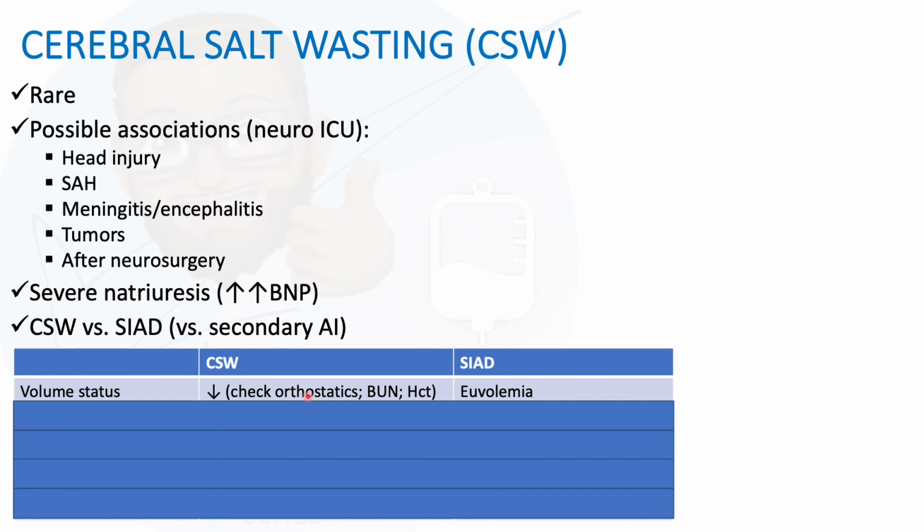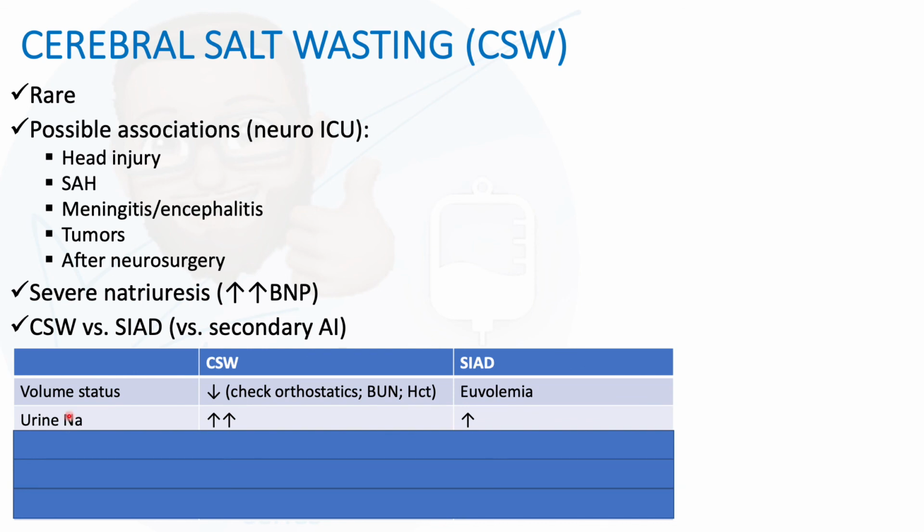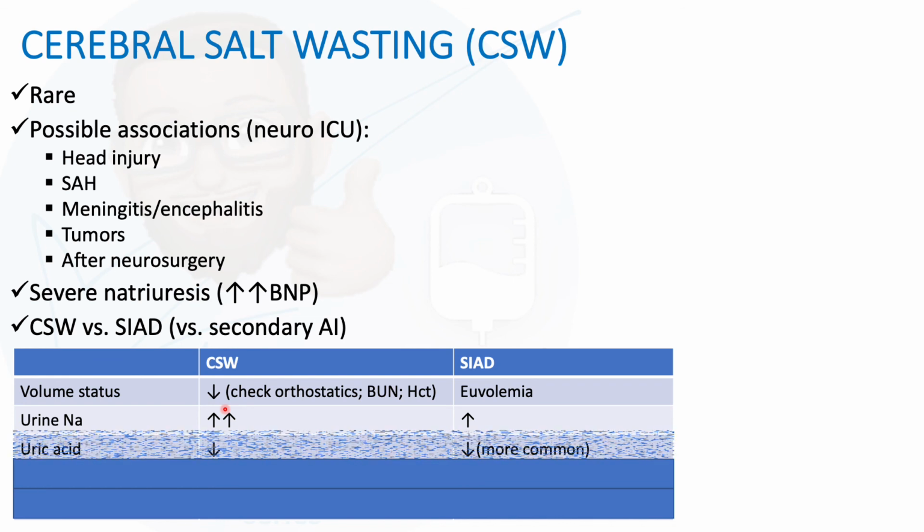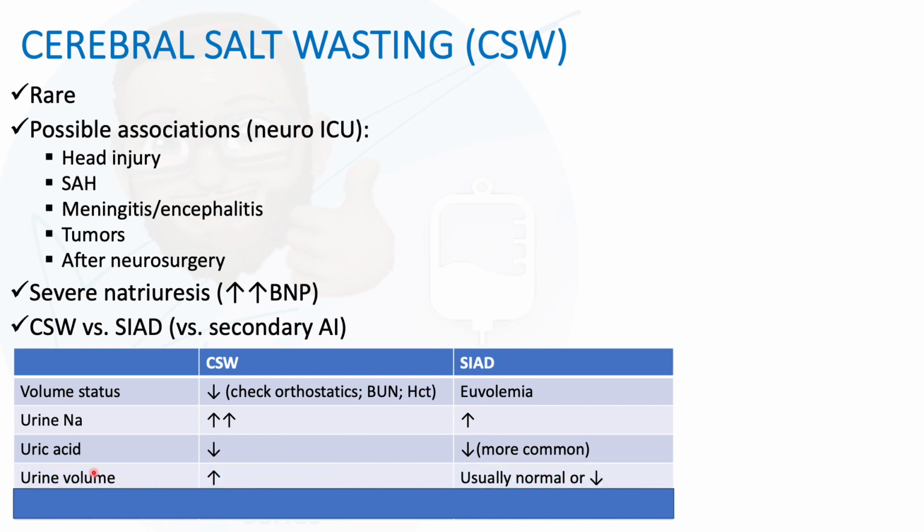So you need to check vital signs, blood pressure, BUN, and hematocrit, which might help you assess that. And patients with SIADH, as you mentioned, are usually euvolemic or even a little bit hypervolemic. Urine sodium will be increased in both, but it's much higher in cerebral salt wasting because of the loss of salt there. Uric acid is also expected to be on the lower side in both, but it's more commonly low with SIADH. I will talk about that in the next video, as we said.